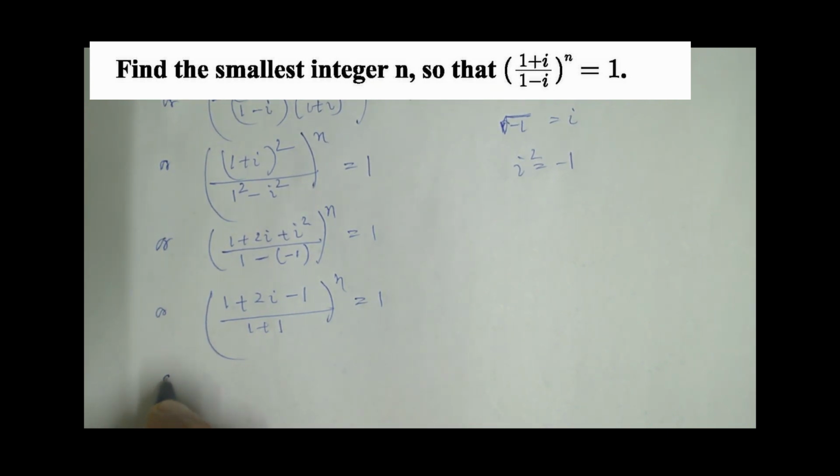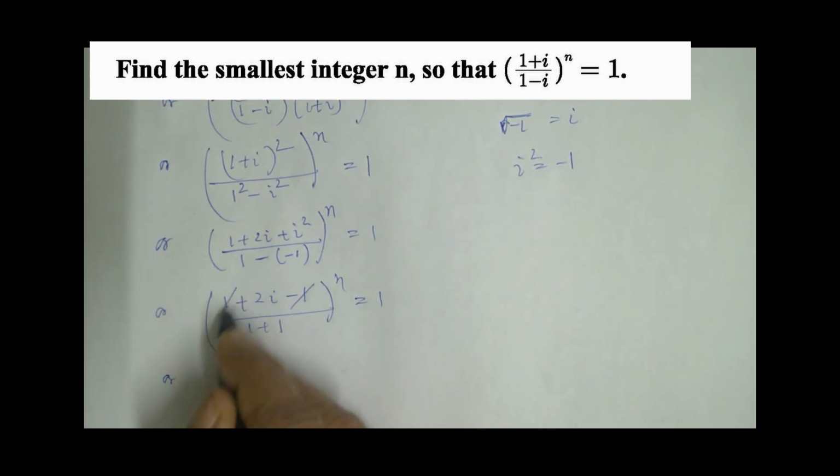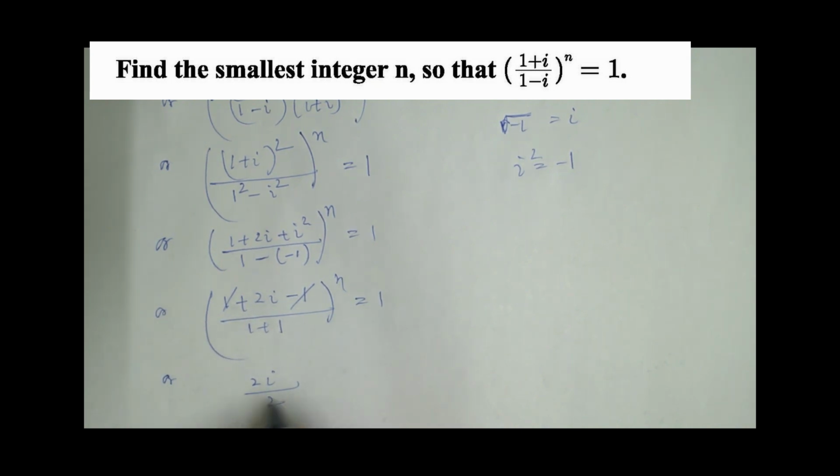Now 1 will get cancelled, 2i by 2 whole to the power n is equal to 1, or 2 will get cancelled, i to the power n is equal to 1.